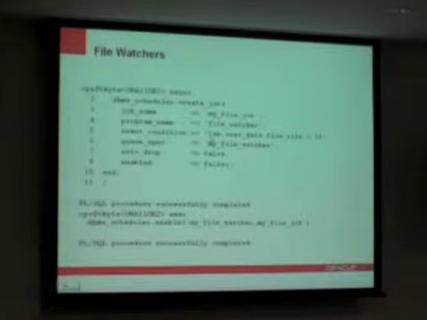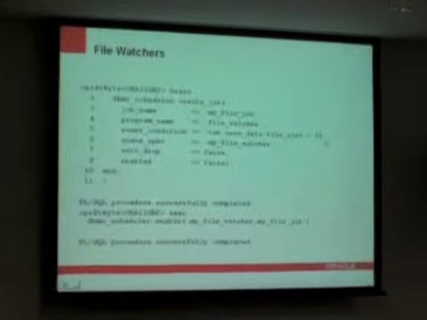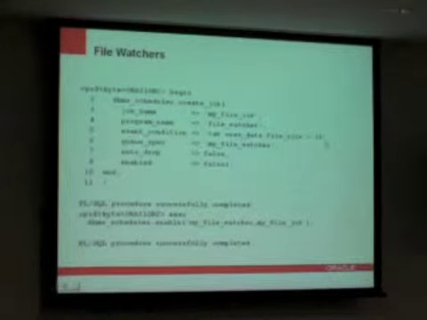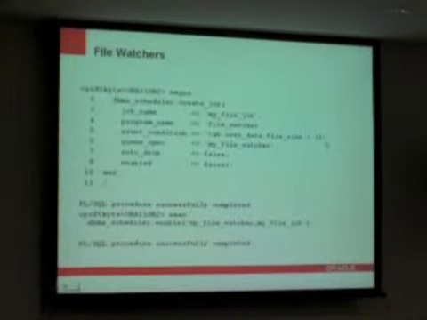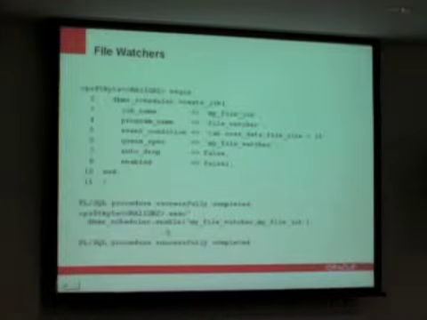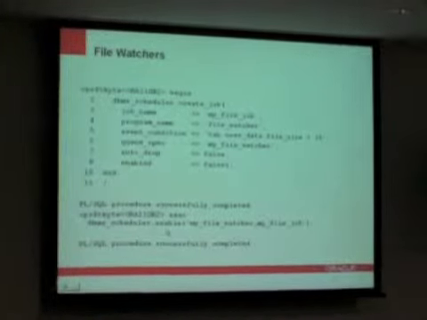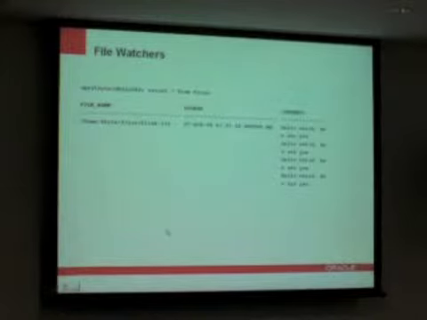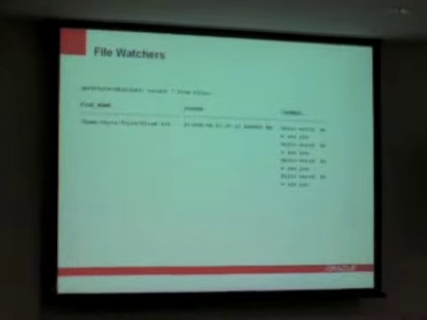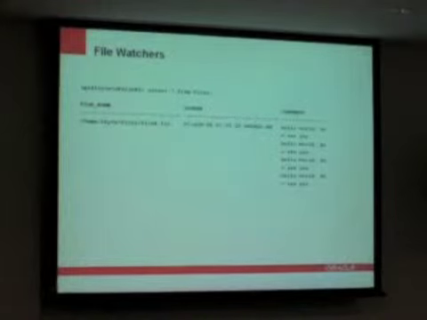Anytime the file is greater than 10 bytes, go ahead and run an event against this. Generate the event, run my stored procedure. I enable that job, and once that's done, as files arrive in that directory, they automatically get loaded into this database table. So again, this automates something that used to be very manual in the past.